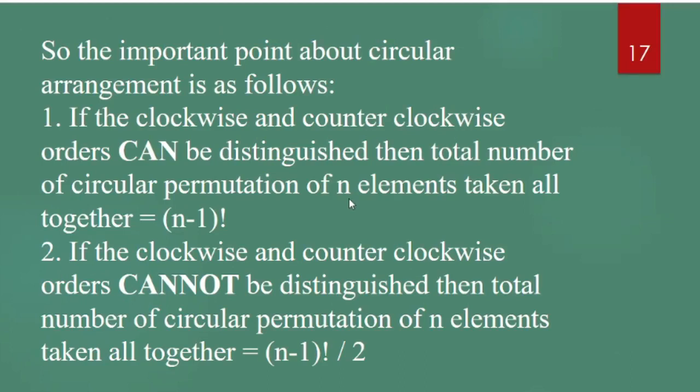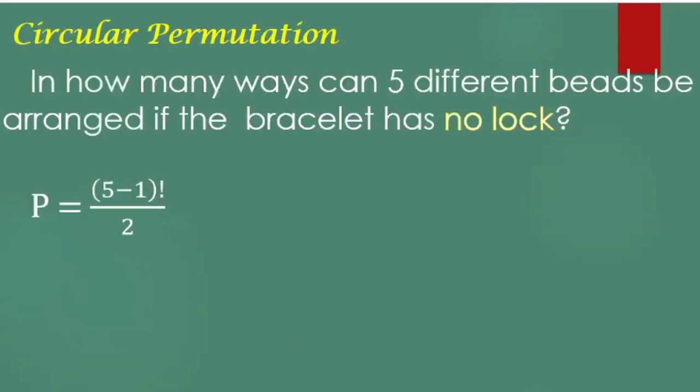Remember these two important points in circular arrangement: can and cannot be distinguished. So to do this, we have P equals (n minus 1) factorial all over 2. To simplify, we have 5 minus 1, so 4 factorial all over 2 factorial, and then we have 3 factorial because we need to cancel the 2 factorial.